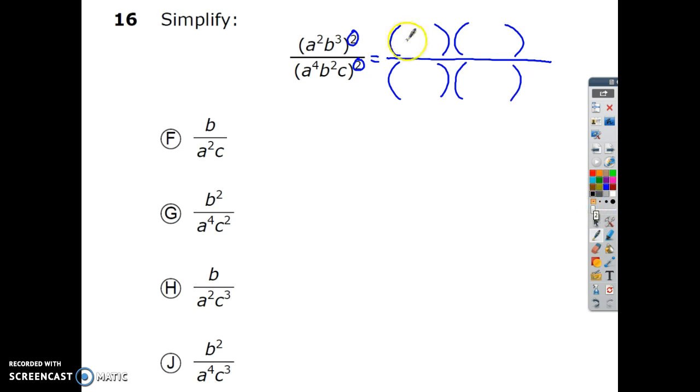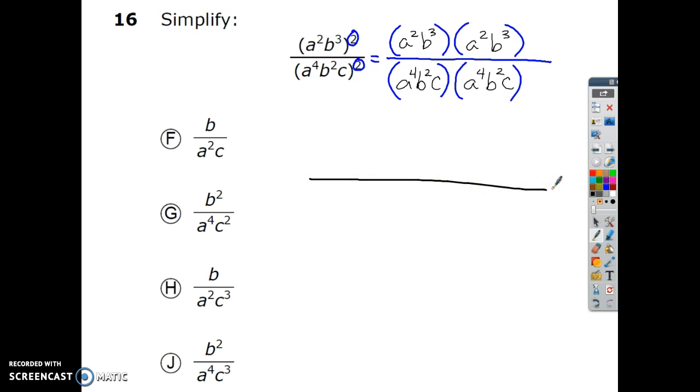On top, you have a squared b cubed, a squared b cubed, and on bottom you have a to the 4th b squared c, a to the 4th b squared c. And then now you can expand even more.